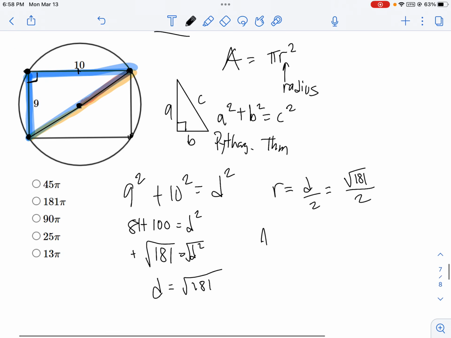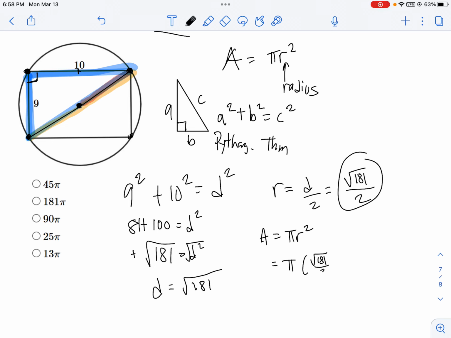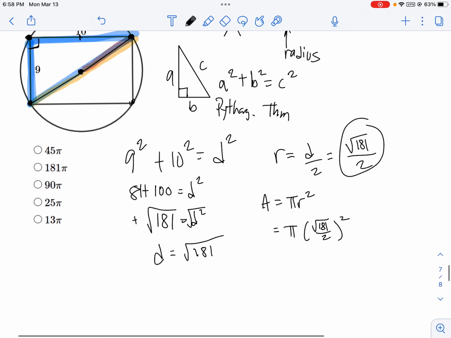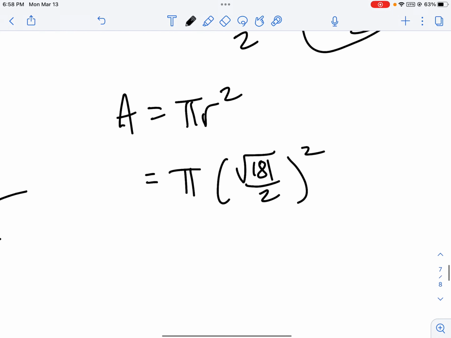Okay? And I would literally just plug that right into our area formula. So if our area equals pi r squared, and we now know that our r is that square root of 181 over 2, plug it in. Okay? So then we end up with pi times square root of 181 over 2 squared. Now the reason why I didn't even bother trying to simplify that 181 is you'll notice at this point, then we'll end up with a square and a square root, right?